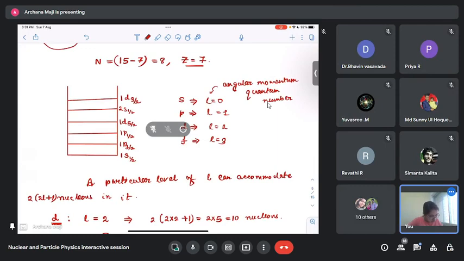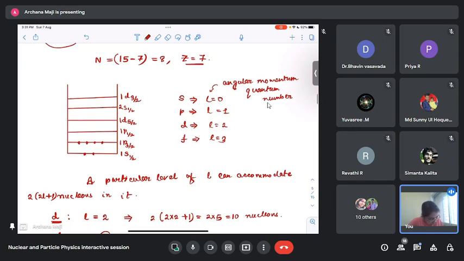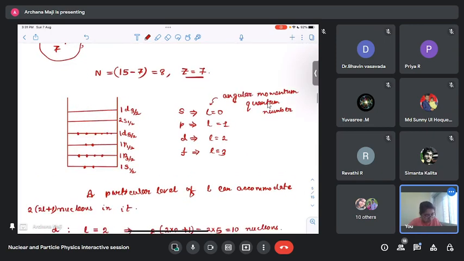That's right. So for 1s half, we can accommodate 2 electrons. Likewise for 1p 3 half, 2 times 3 half plus 1, that is 4 electrons can be accommodated in this level. Likewise for 1p half, we can accommodate 2 electrons. Here we can accommodate 6 electrons, and so on. Okay, this is in general, I am drawing it in general, not for this particular nucleus.